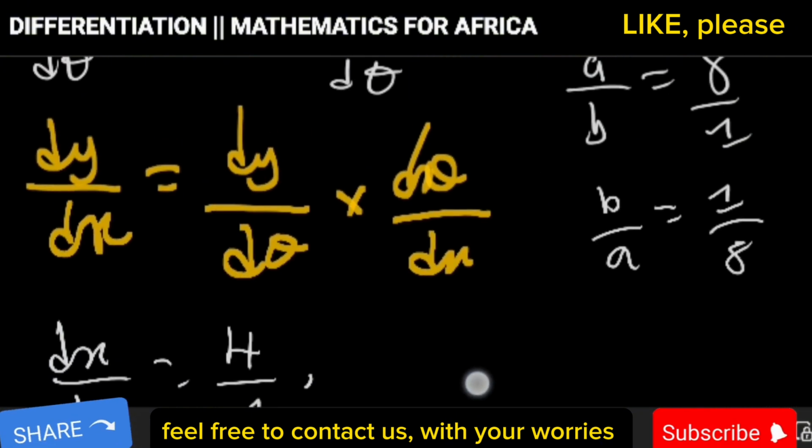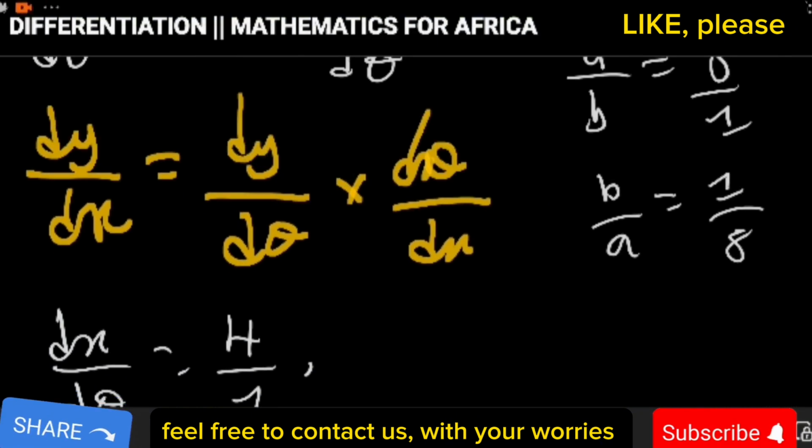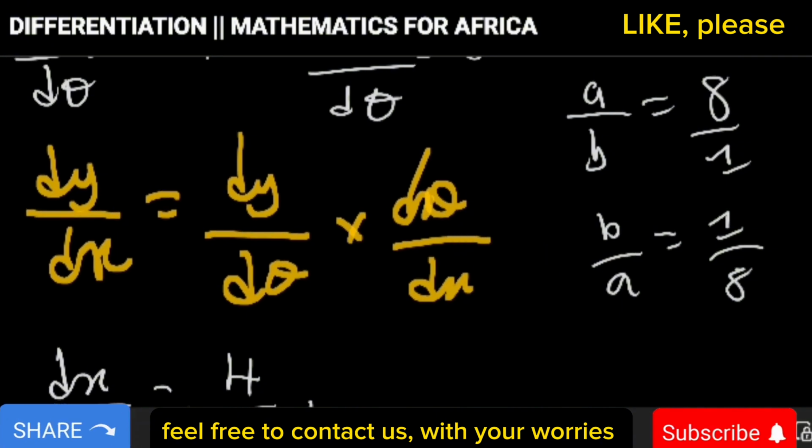And from here, we can find our d theta on dx. D theta on dx, by inverting this, will also be the inverted part of this fraction, so it will be equal to 1 on 4. And that is what I'm saying here: if a on b equals 8 on 1, then b on a equals 1 on 8.